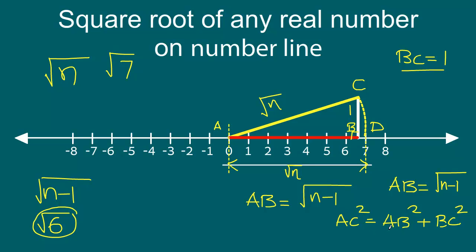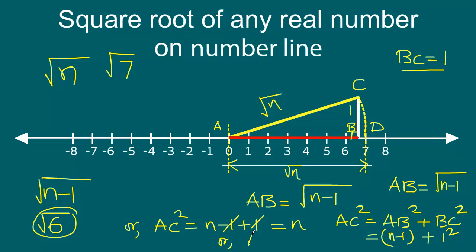Now, what is AB? AB is square root n minus 1. So AB square will be n minus 1. Plus, we have BC is 1, so BC square is 1. Let's write it over here: AC square equals n minus 1 plus 1. The minus 1 and plus 1 cancel out, and we are left with n.